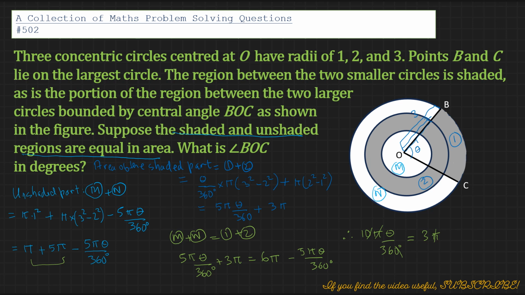We're left with, therefore, theta is 3 times 36 degrees, and that is 108 degrees. So we get angle BOC equals 108 degrees.